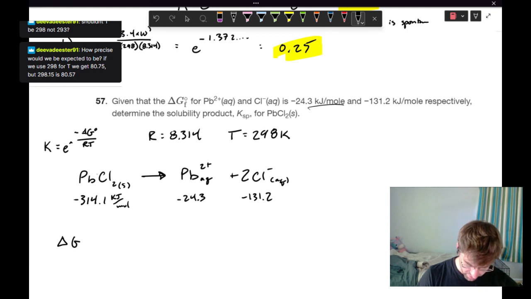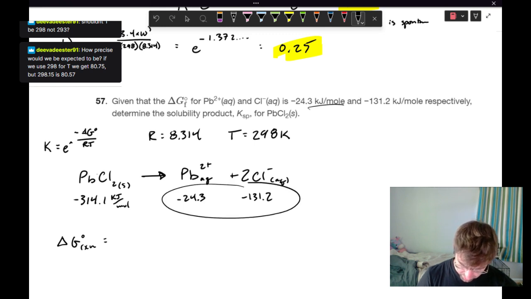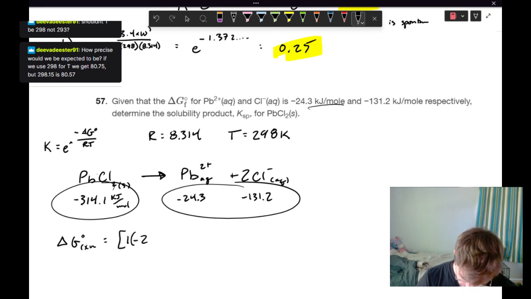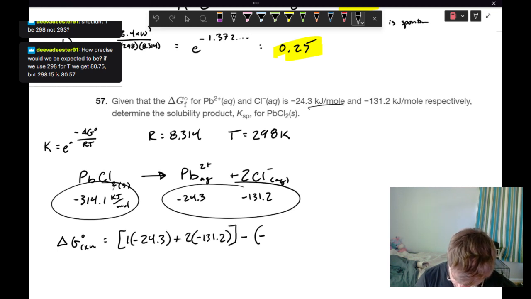Standard Gibbs free energy of the reaction. We're just going to do products minus reactants. Gives us negative 24.3 plus 2 times negative 131.2, minus negative 314.1.